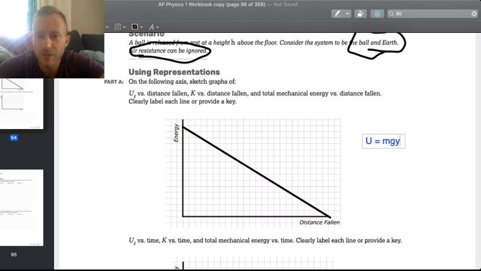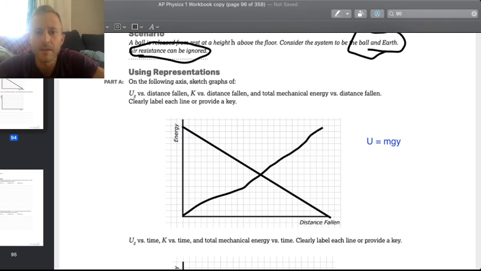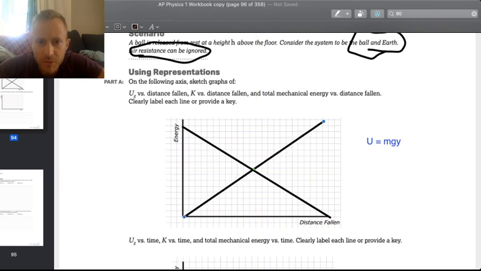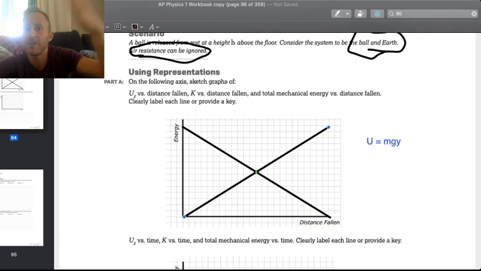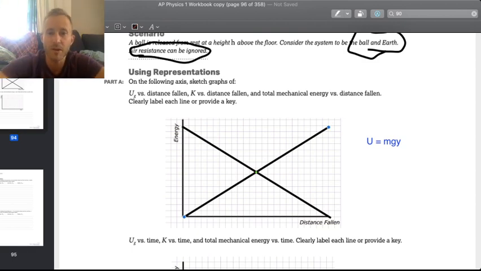The kinetic energy is going to go up. Now, these lines should have opposite slopes. I tried my best to draw them with opposite slopes. I don't know if I succeeded or not. The reason that they should have opposite slopes is because if the gravitational potential energy goes down by 1 joule, the kinetic energy goes up by 1 joule.